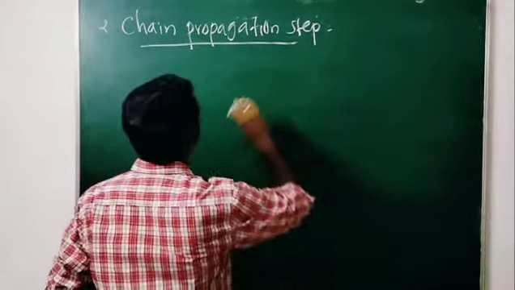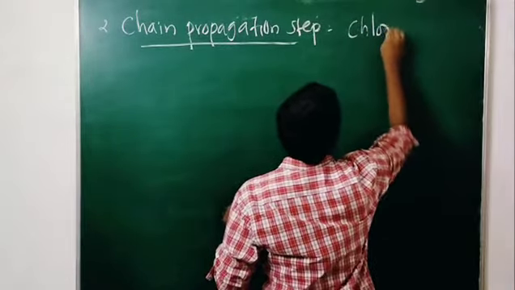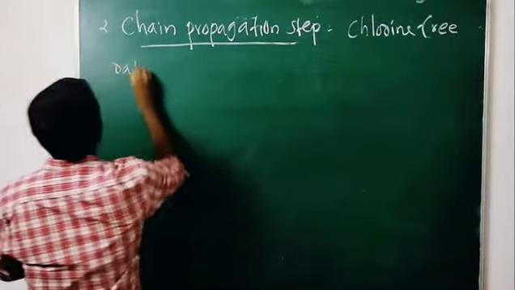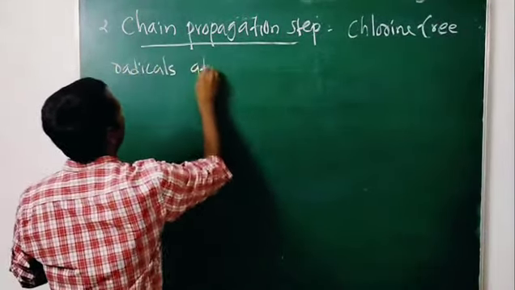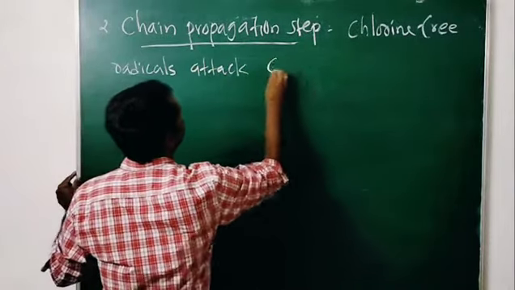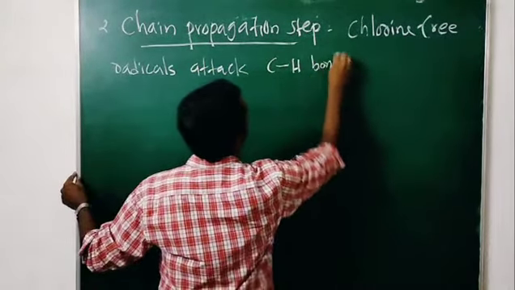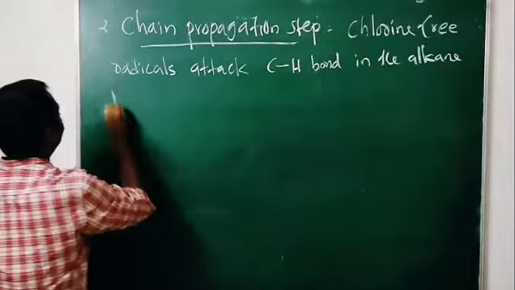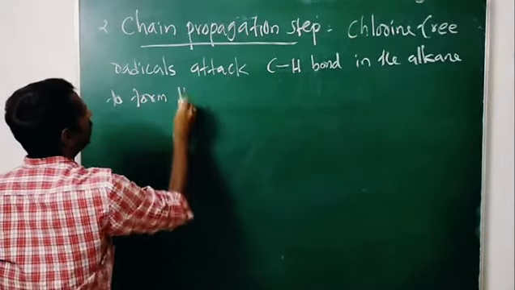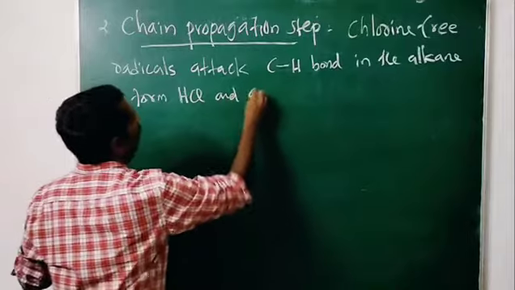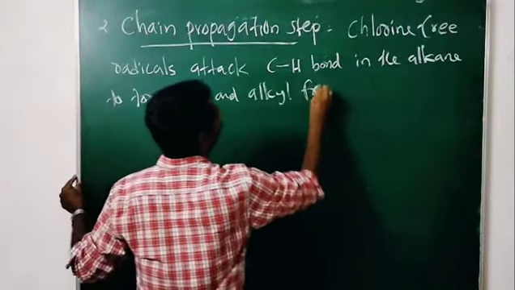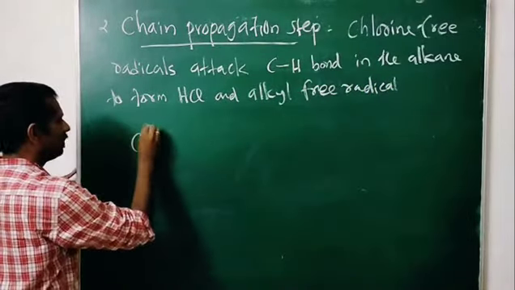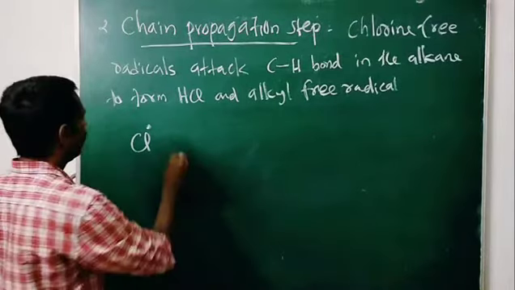Okay, look at here. The chlorine free radicals attack the C-H bond in the alkane to form HCl and alkyl free radical. That means, look at here, this is our Cl free radical, which is formed in the first step, and it will attack our methane.